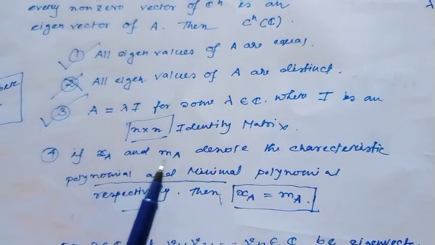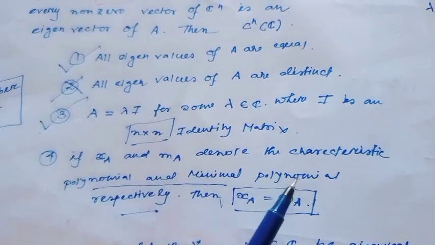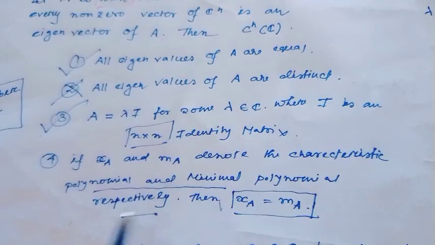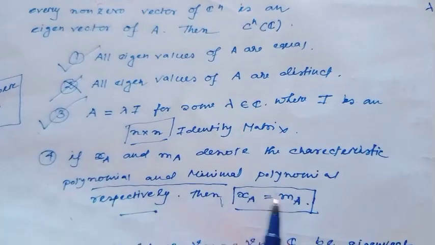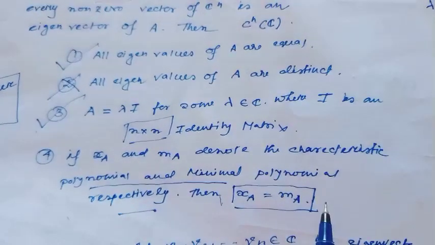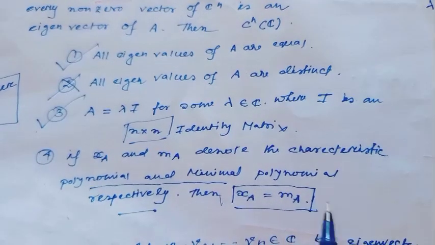And notice option 4. If chi_A and m_A denote the characteristic polynomial and minimal polynomial of this matrix, then chi_A equals m_A. Is this option true?